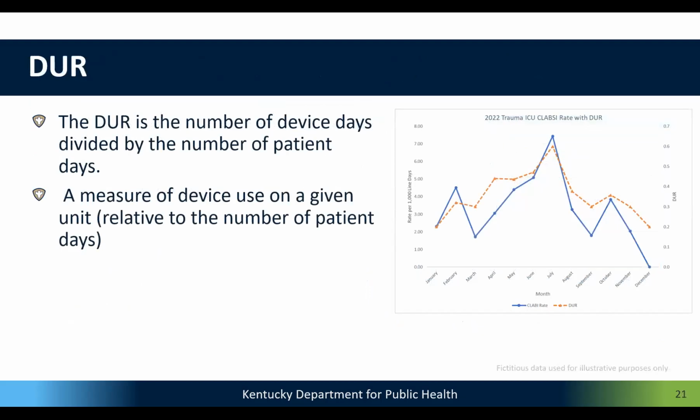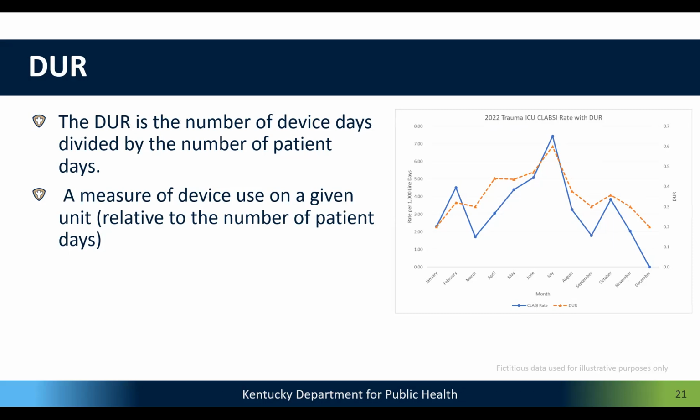And the last bit of summary level data we'll talk about is the device utilization rate. This is a metric, or device utilization ratio, that helps us understand the extent of device use on a given healthcare unit in relation to the number of patient days. The DUR is a simple yet informative metric that is used to help quantify the utilization of medical devices within a healthcare unit.